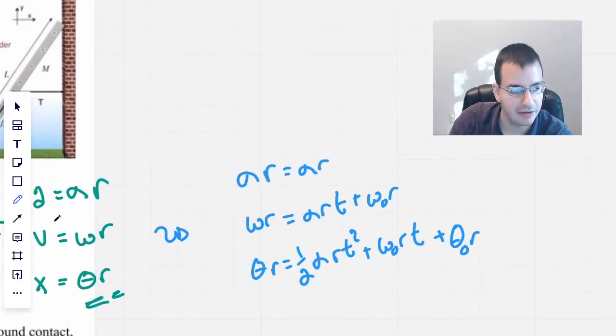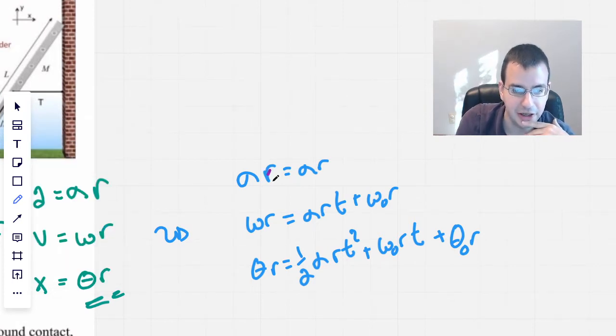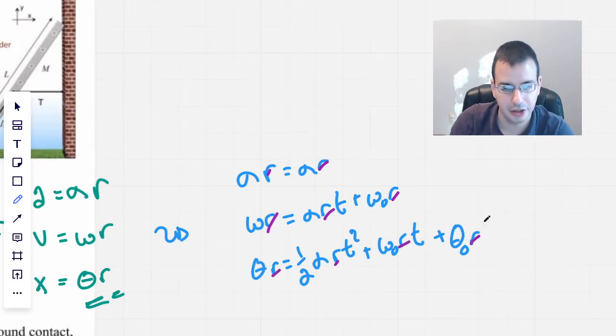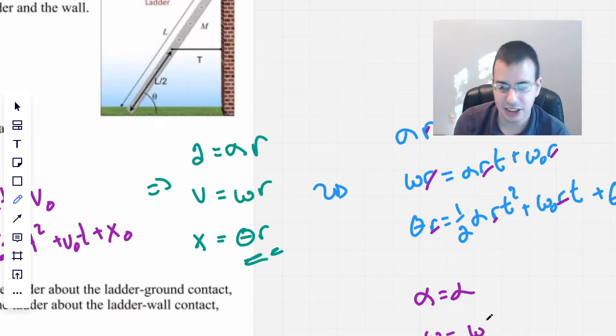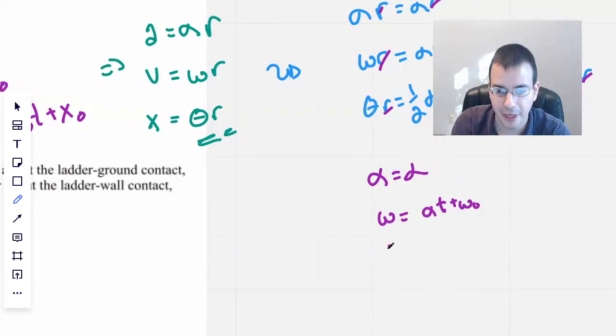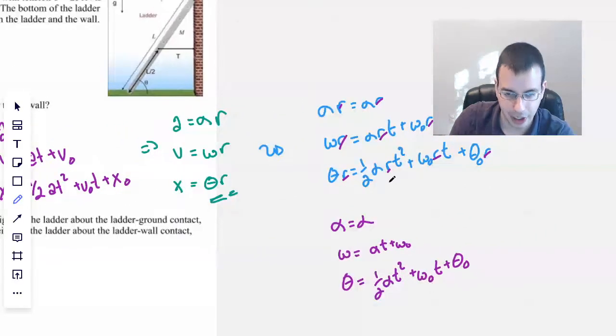You can see all of these have an r for every single variable, except for t, but that's okay. So these cancel. I know I'm doing this across multiple equations, not kosher at all. Long story short, we're left with omega equals alpha t plus omega naught, and theta equals 1/2 alpha t squared plus omega naught t plus your initial theta naught.